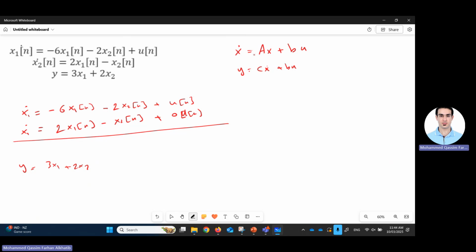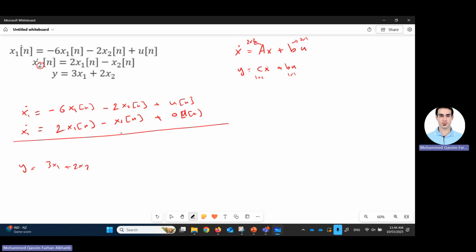Okay. Now if you look at the matrix A, since we have two state variables, this matrix will be 2 by 2. And this vector is going to be 2 by 1. And this one is going to be 1 by 2. And this is going to be 1 by 1. Something like that.